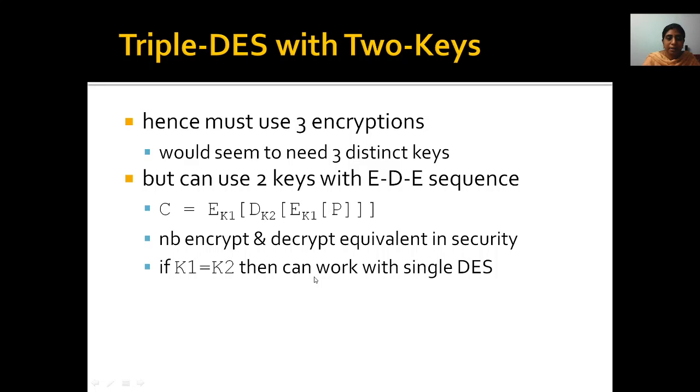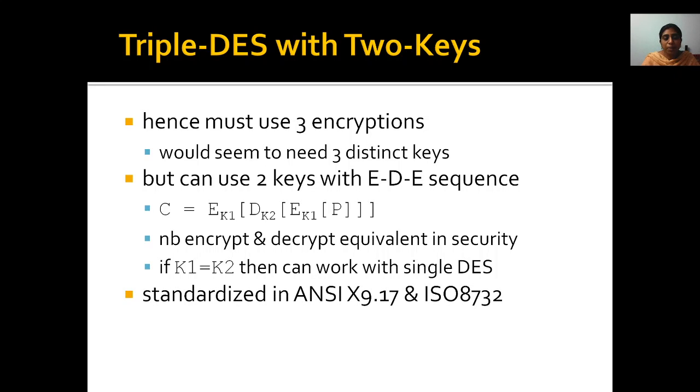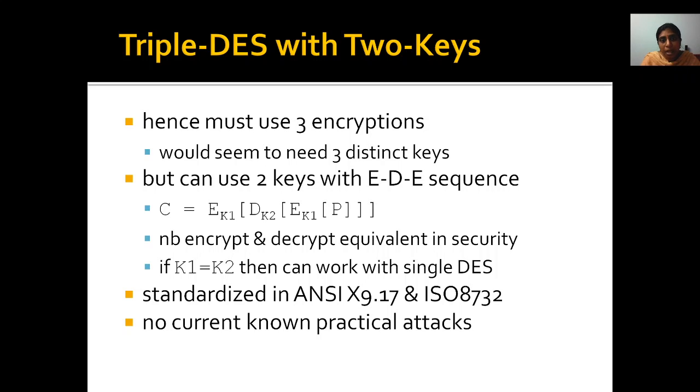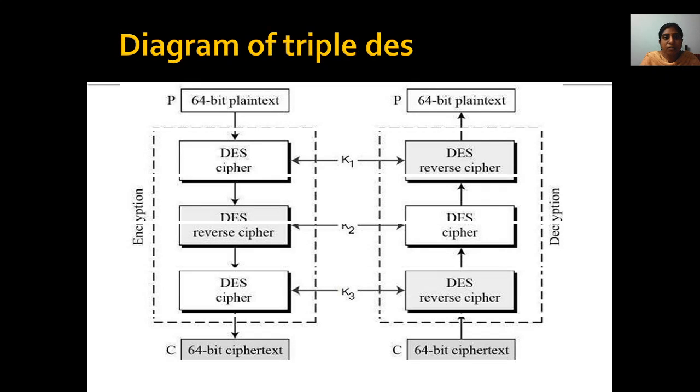The ANSI and ISO standards have maintained that it is not practically attacked, but if the two keys are equal, it becomes single DES. For that reason, they went for triple DES where three keys are used.